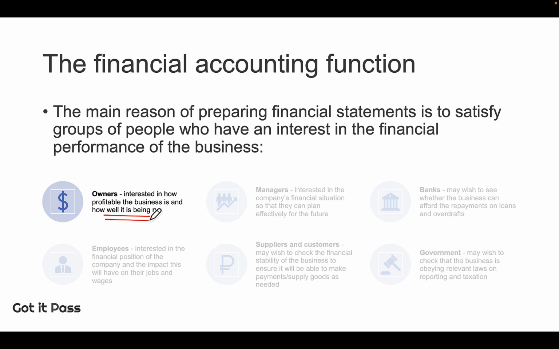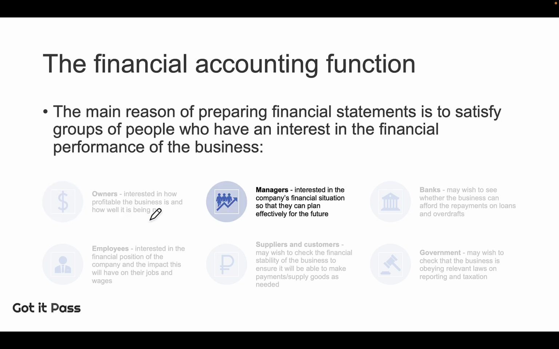Therefore, the business owners, no matter if it's a public listed company or not, would like to know whether the company is profitable, whether it can pay dividends to the shareholders or owners, and whether they can make a profit from it. They are concerned about how well the business is running, because investors are looking for returns from the company.